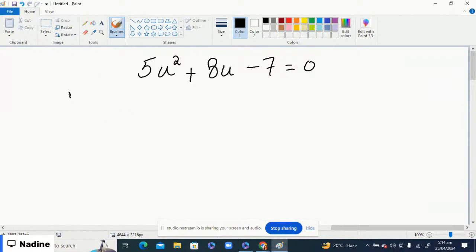So, what is a? This is 5. b, that is 8. c, that is negative 7. Okay.